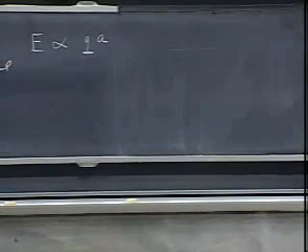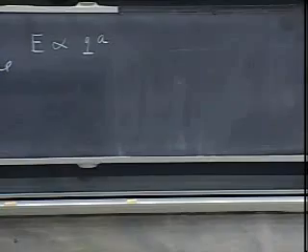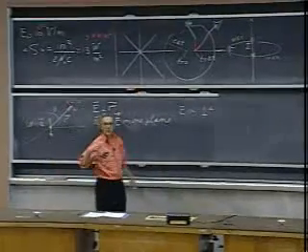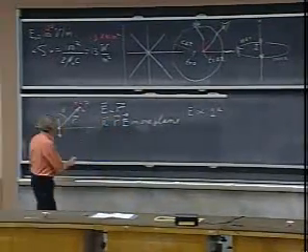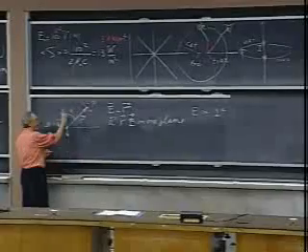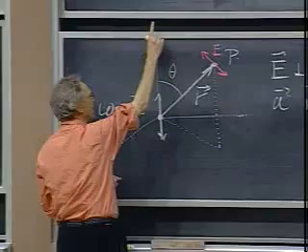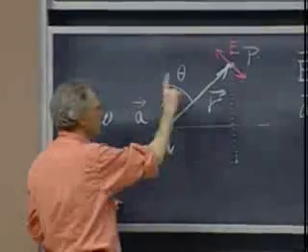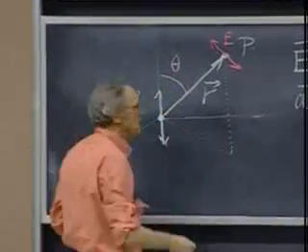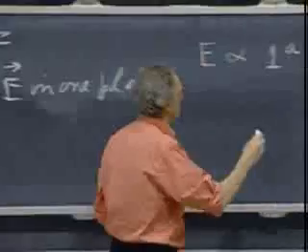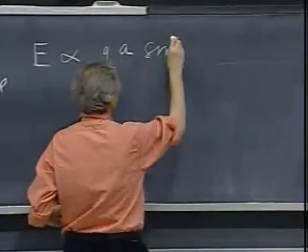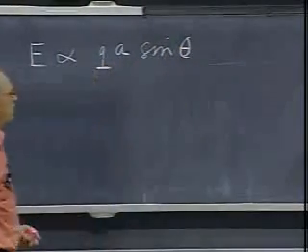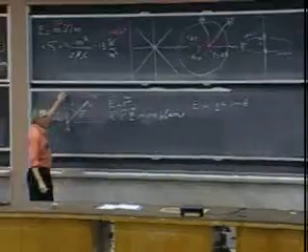And then there comes this effect that we discussed, that nothing goes out in the direction of the acceleration. No energy goes out in this direction, so no electric field is produced in this direction, and the maximum is produced in this direction, and somewhere in between here, and that is then reflected by the sine of theta. If theta is 0, nothing goes out.